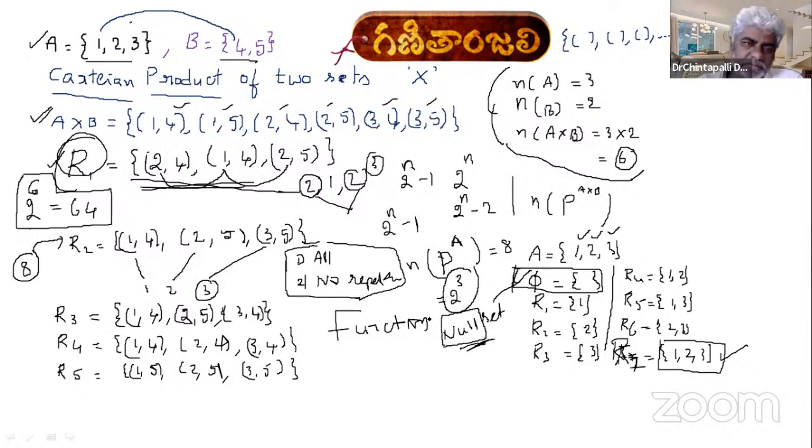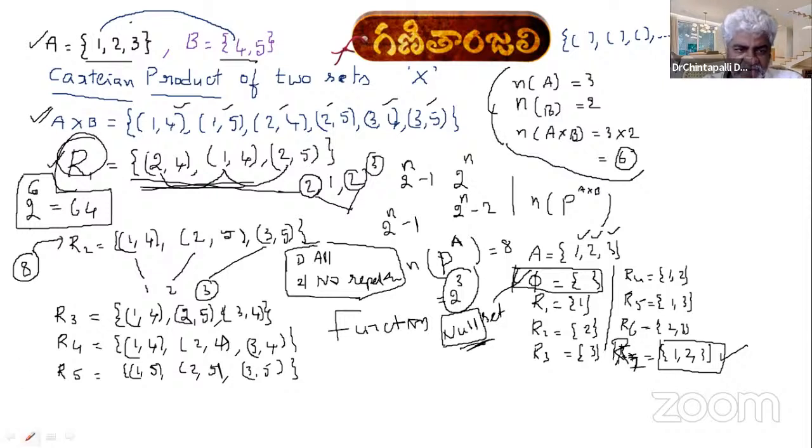And now tell, what's the name of R1? R1 is not a function. Then what's the name of R1? The name of R1 is a relation. R1 is a relation. R3, R4, R5 are also relations.